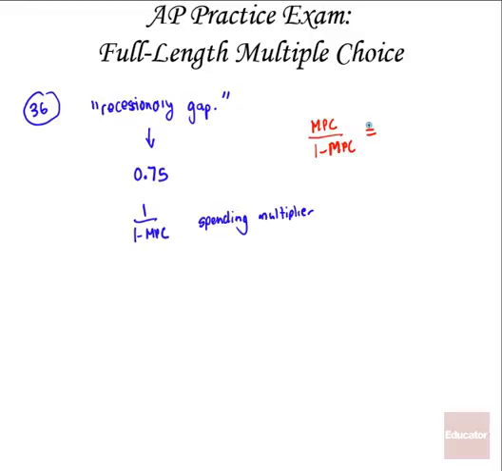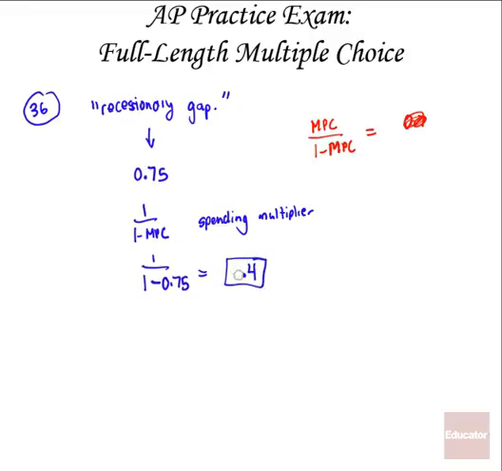So to try to get that increase in $100,000, MPC is 0.75. So if the MPC is 0.75, if you do 1 over 1 minus 0.75, then the multiplier is going to be 0.4. So that's a spending multiplier.